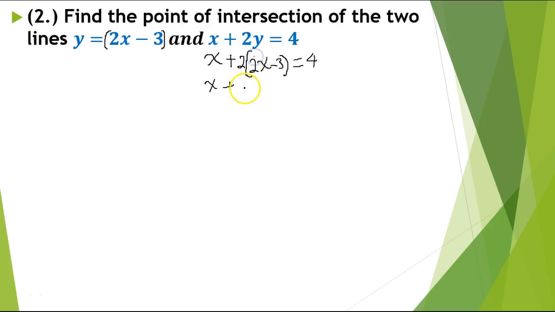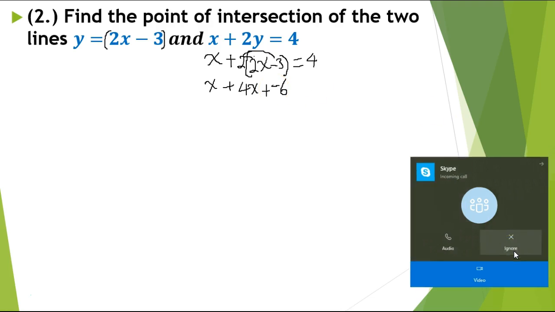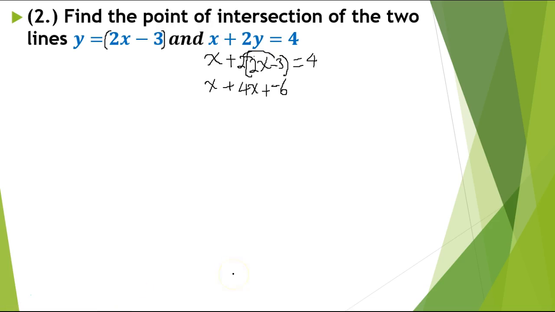Here we're going to distribute: 2 times 2x is 4x, and then 2 times 3, remember, is negative, so it is negative 6. Then we keep equals 4.